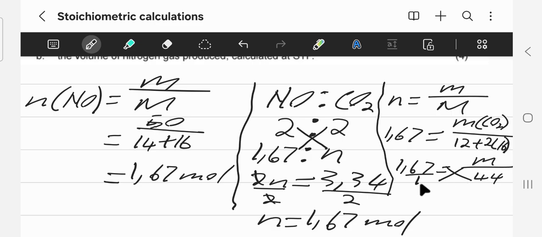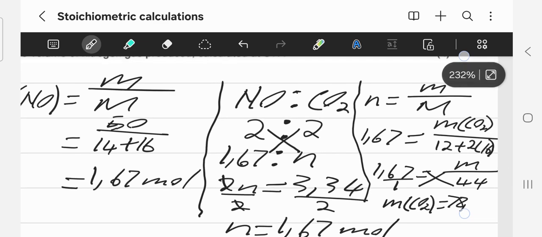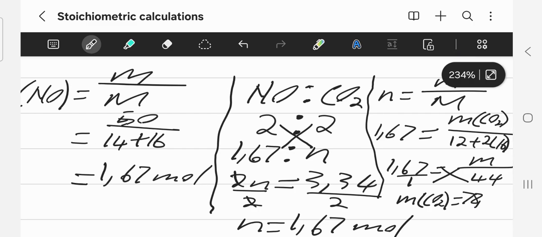We'll say m multiplied by 1, and that's going to give me m, which is the mass of carbon dioxide, is equal to 1,67 multiplied by 44, and I'm going to get an answer of 78,48 grams.